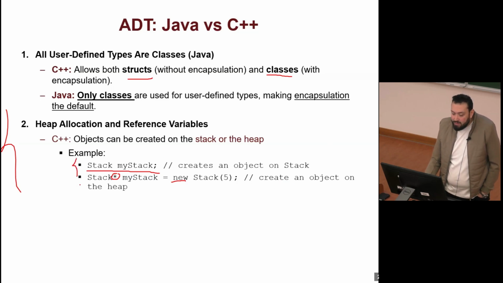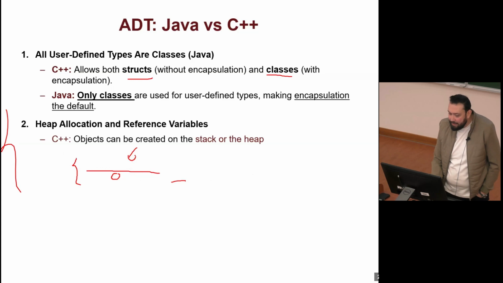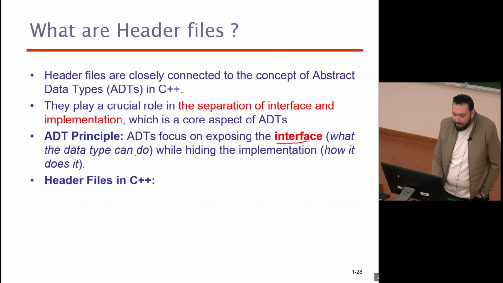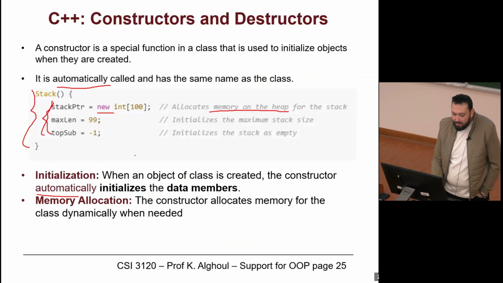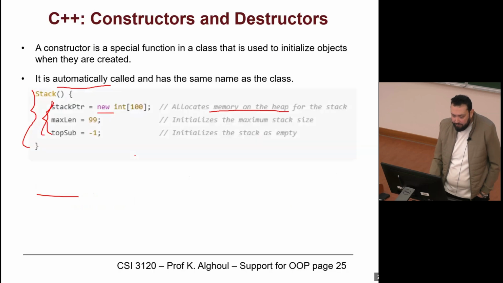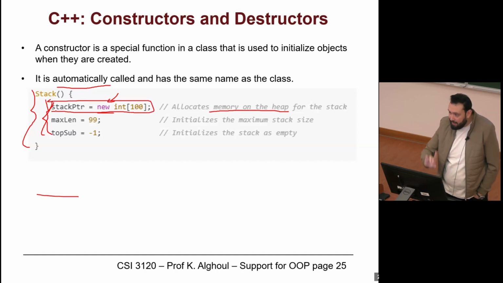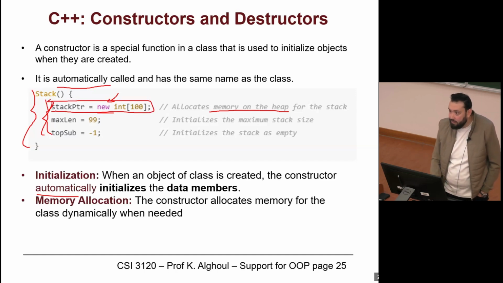Now, don't confuse these two, because even if the object is allocated on a stack, if you have something inside here, for example inside the constructor, that has a new, specifically just the pointer will be allocated on the heap, even if the object is on the stack, okay?